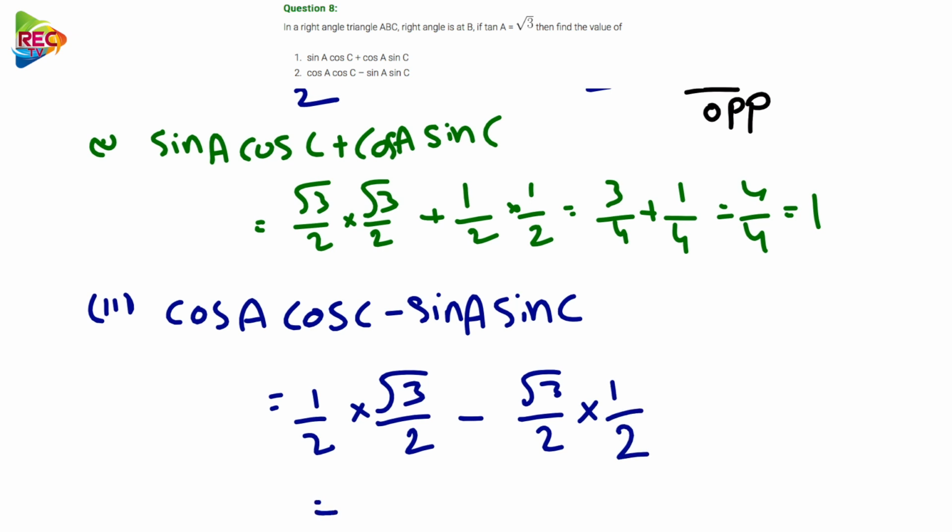So simplify this one: root 3 by 4 minus root 3 by 4, that equals 0. So cos A cos C minus sin A sin C value equals 0.